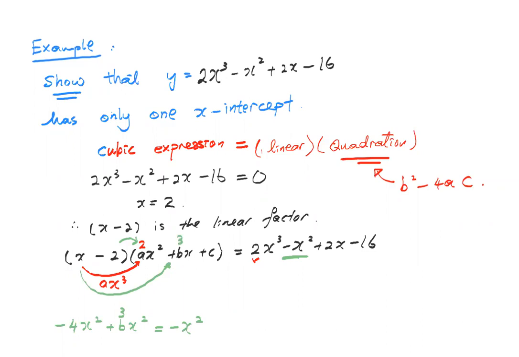So can you tell me the value of c? I'm going to use this constant, correct? So negative 2c is equal to negative 16. So what is c? 8.